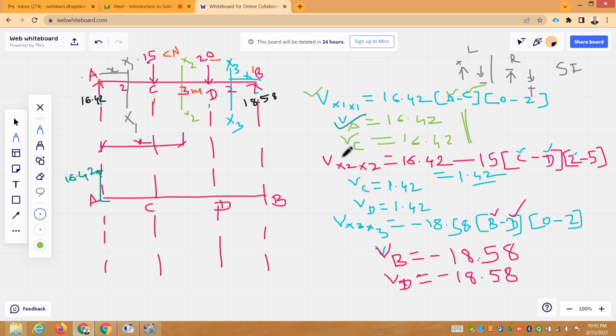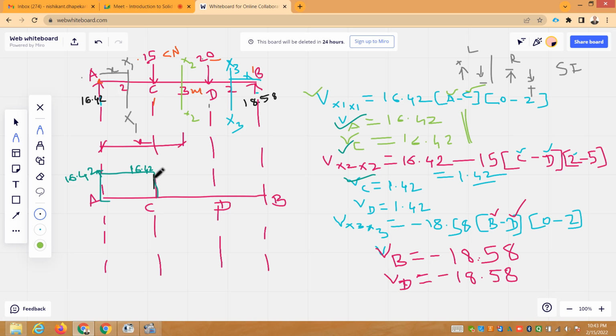Then at point C the same value is there, so 16.42 is again the same value. So this is your value C. Then you have VC 1.42 from master equation. So see now, this is 1.42 from this equation at C. So from C, 1.42 means here, right?